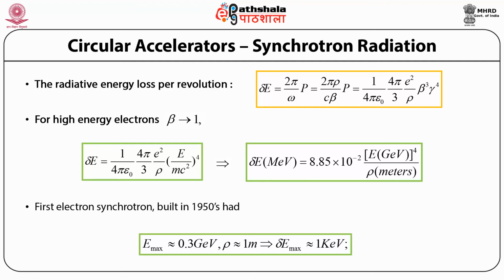In the 10 GeV Cornell electron synchrotron, the orbit radius ρ was around 100 meters and the radio frequency voltage per turn was 10.5 MeV at 10 GeV. According to the above estimate, the energy loss per turn is 8.85 MeV. Thus, at this energy, almost the entire power supplied is radiated away. So this put a limit on the maximum energy that could be achieved.